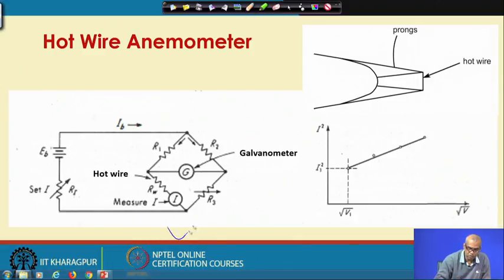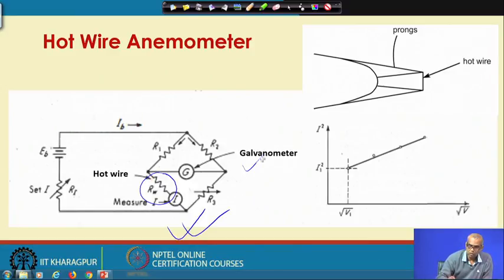So, this is an arrangement using bridge circuit for measurement of flow velocity. I have attached the hot wire anemometer as one arm of the Wheatstone bridge.